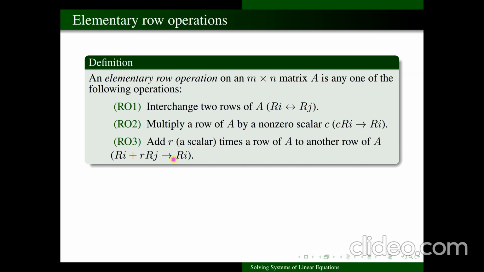Finally, the third row operation is adding a scalar multiple of a row of A to another row of A. So if row j is multiplied by a scalar r, and the result is added to the ith row of A, then this process is represented by this.